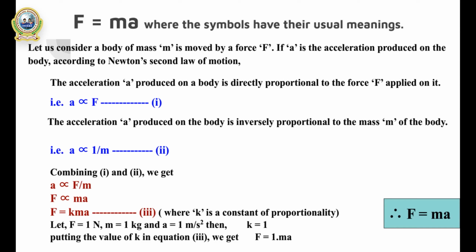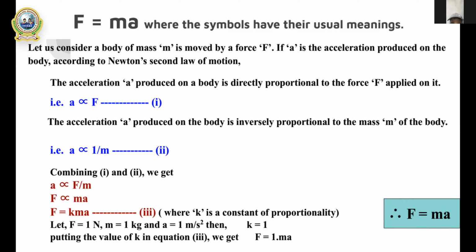So from the first part of Newton's second law of motion, the relation between acceleration produced and force applied is a directly proportional to F. That is equation 1. And the other part of Newton's second law of motion is the relation between acceleration produced and mass of the body.